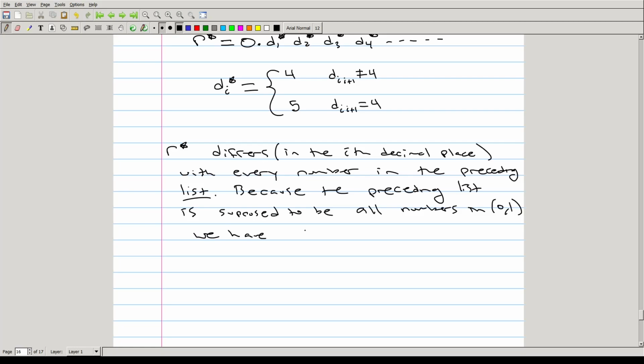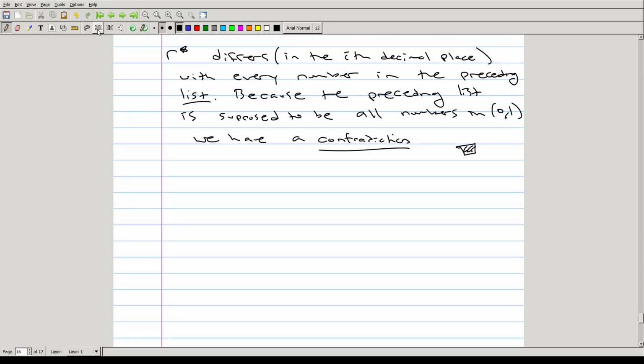We have a contradiction. And therefore, we must conclude that the interval from 0 to 1 in the real numbers is uncountable.